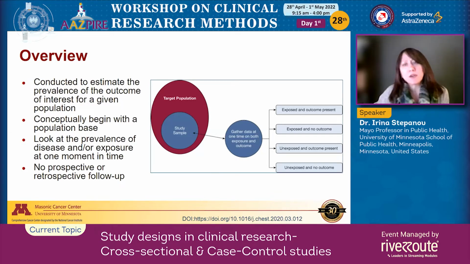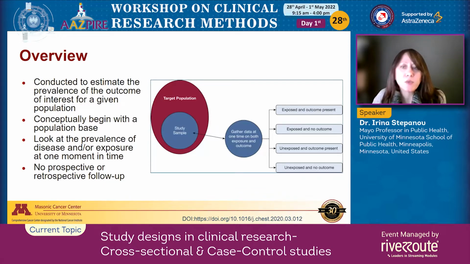And these studies are also quite inexpensive compared to other clinical trials. For example, if you think about cohort studies, there are some similarities because cross-sectional studies conceptually begin with a population base, but unlike cohort studies, in cross-sectional studies, we do not follow individuals over time.